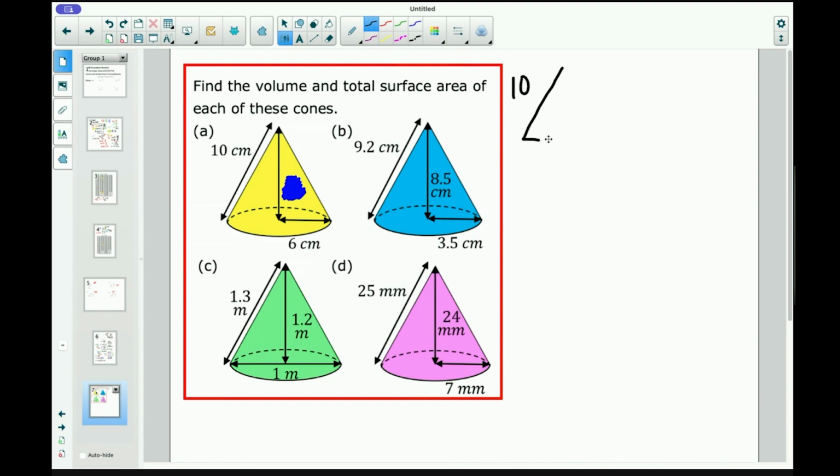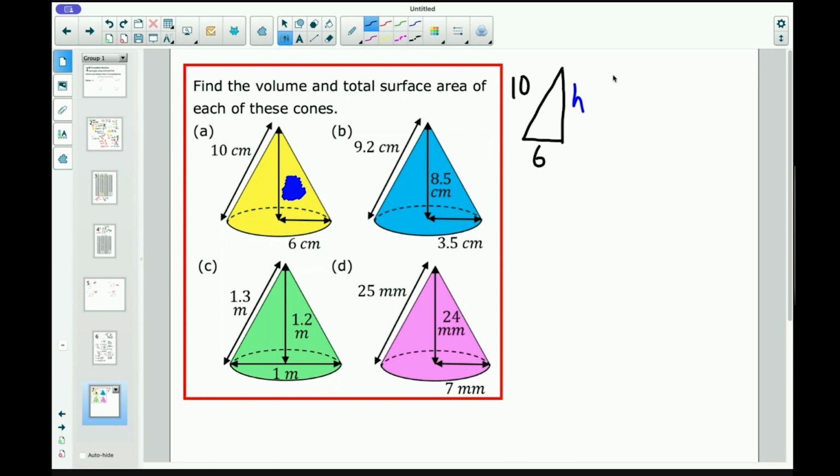This here is going to be 6, right? Because if I were to make the same triangle, 1, 2, and 3, because they're symmetrical on either side. I've got a side length of 10, which is my hypotenuse, and this side length is going to be 6, which means that this side, the unknown side, let's call that h.